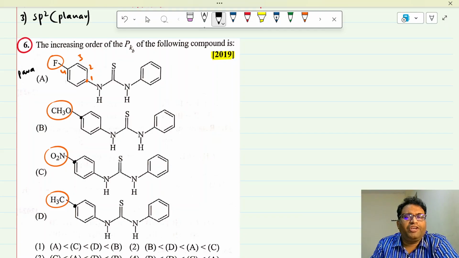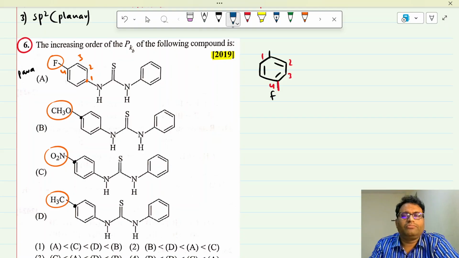So if at the para position we have fluorine, I am not drawing the other molecule, this is the other part. Here we have fluorine, and I am considering this as 1, 2, 3, 4. At the para position, if it is fluorine, what effect does it show?